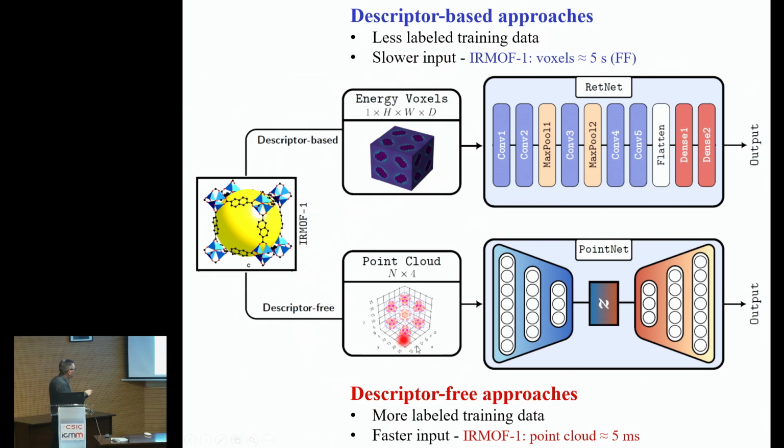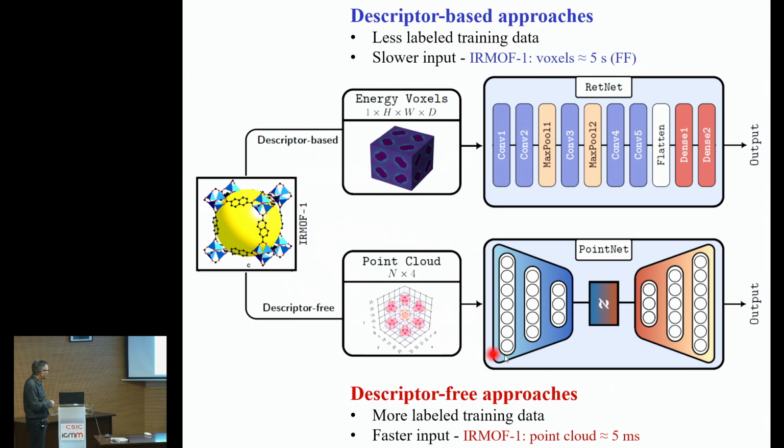So these are the two different pictures that I described today. Descriptor-based deep learning actually needs less training data, but you need to make a calculation, and your input needs something like 5 seconds to calculate a potential energy surface with a classical force field.